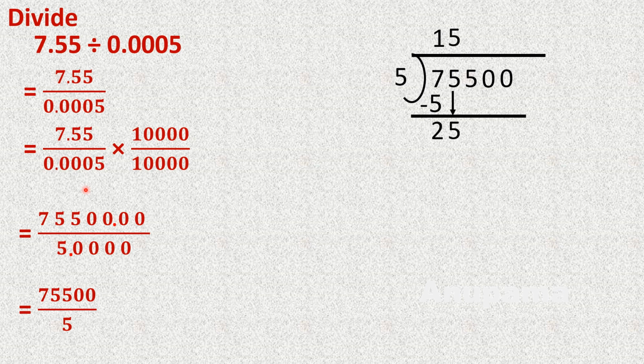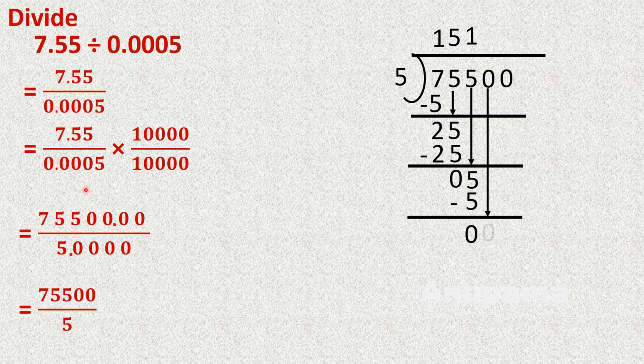We will write down 5. 5 fives are 25. We will do subtraction. It is 0. And we will write down 5. 5 ones are 5. Now we will do subtraction. It is 0. We will write down 0, so it is 0. Again 0, and it is 0. So our answer is 15,100.